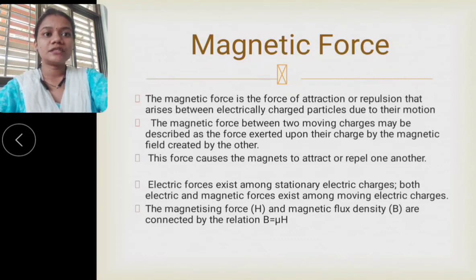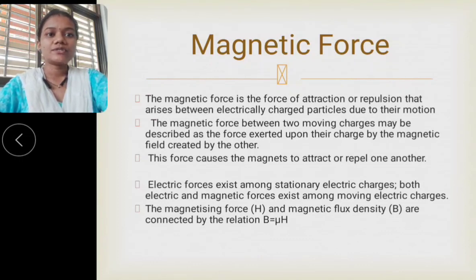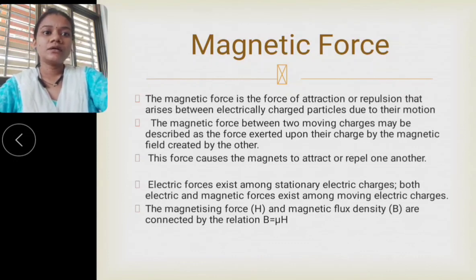Magnetic force between two moving charges may be described as the force exerted upon one charge by the magnetic field created by the other. Electric forces exist among stationary electric charges, while both electric and magnetic forces exist among moving electric charges. Magnetic force is denoted by H. Magnetic flux density is denoted by B, and the relation is B equals mu into H.